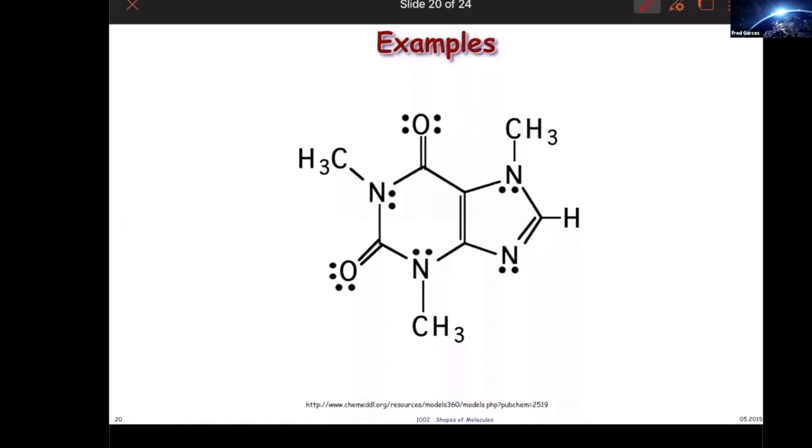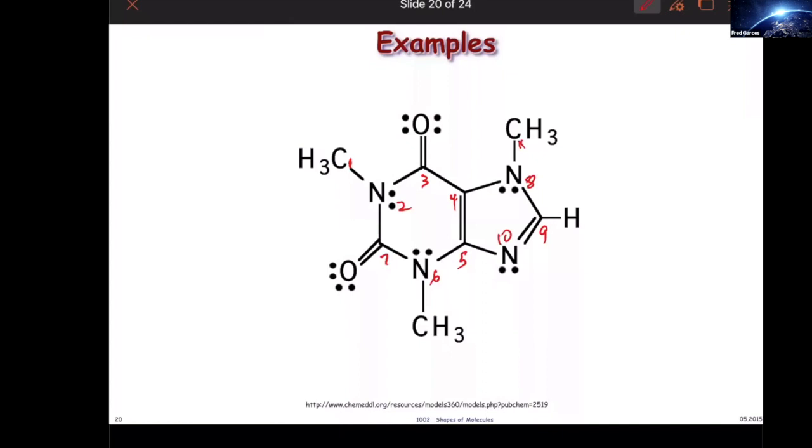Now the question is, what are the geometries around each of these central atoms? Let me label these so you can see what I'm doing. This is 1, this is 2, this is 3, this is 4, this is 5, this is 6, this is 7, this is 8, this is 9, and this is 10. This is 11 up here.